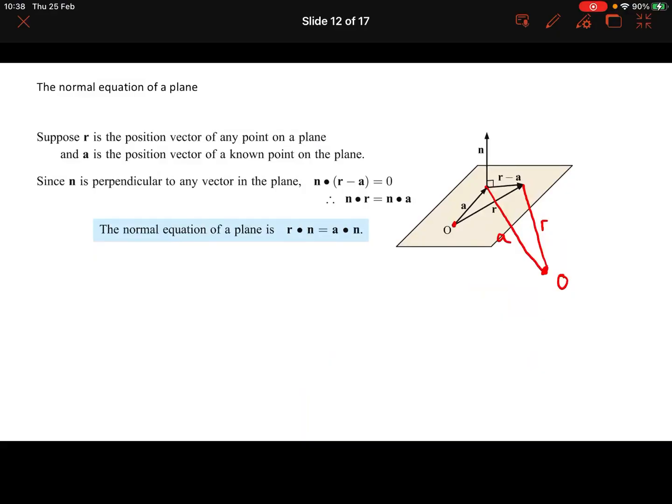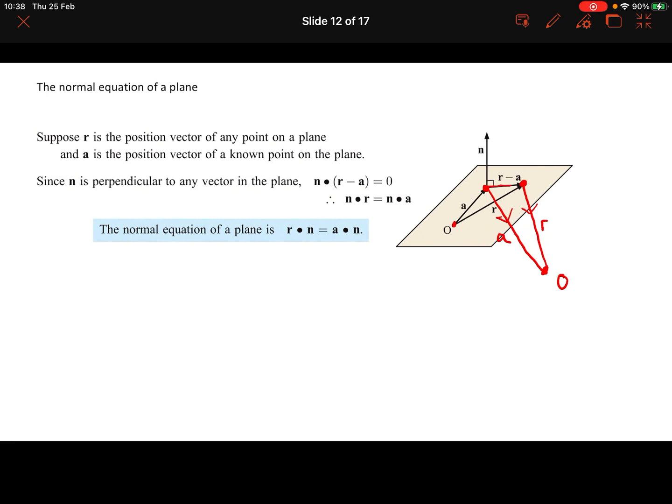Okay, so just to finish this bit off, we are basically trying to get to a position R on the plane. Let's say that's here. Now, we're at a point that is on the plane, that's point A. Well, what we can do is go down here and up here.